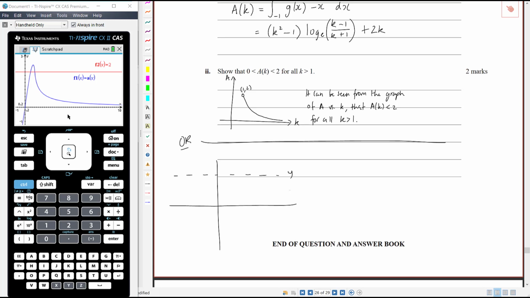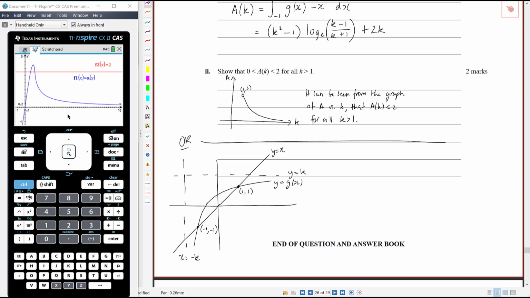So we know we've got our asymptotes at y equals k and x equals negative k. We've got the line y equals x. Okay. And then we've got g of x. And we know that g of x and y equals x, no matter what the value of k is, always intersect at these 2 points.